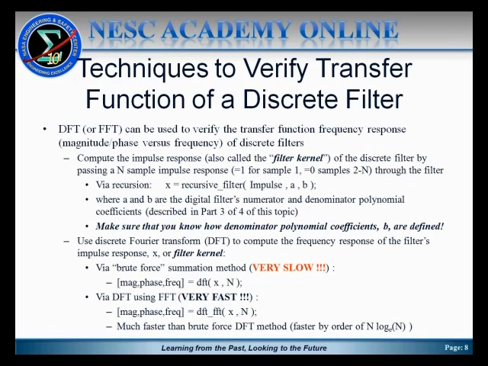The impulse response of the filter X would be the recursive filter where you provide it the impulse as the first parameter, and then the numerator and denominator polynomials as the second. And again, this was described in part 3 of this topic. And also the caveat there in bold: make sure you understand how those denominator polynomial coefficients are defined. So then once you've done that, X contains the impulse response of that discrete filter.